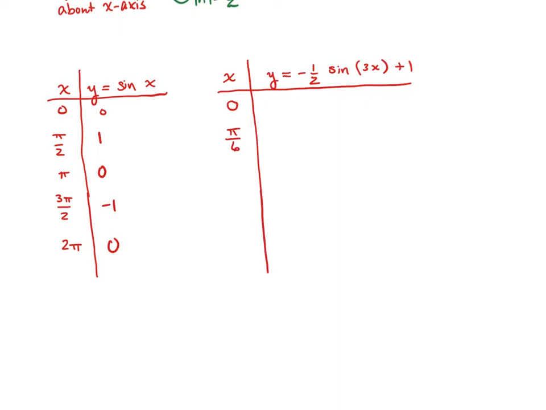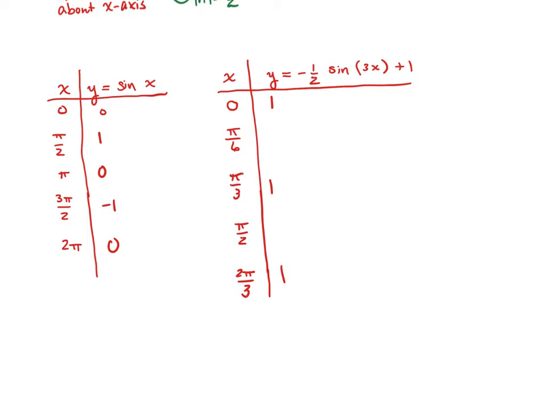So pi over 6, 2 pi over 6, 3 pi over 6, 4 pi over 6. So we have now shifted this function upward. So our line of oscillation is now y equals 1 instead of y equals 0. So every time we had 0 for an output, we'll now have 1.